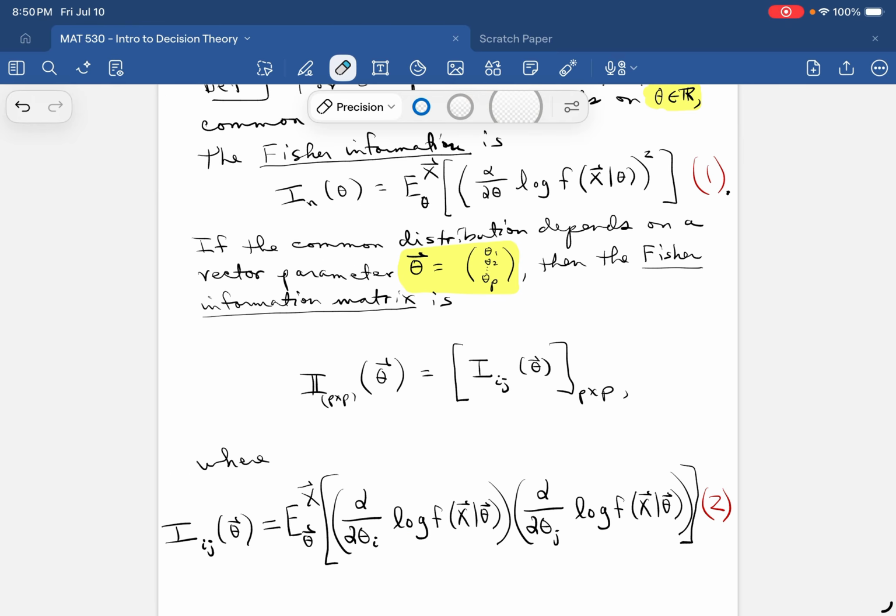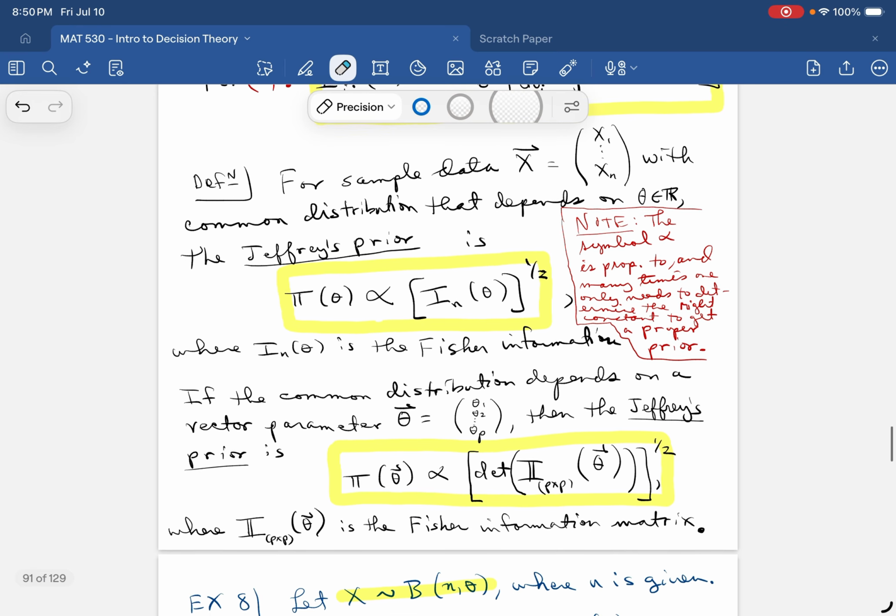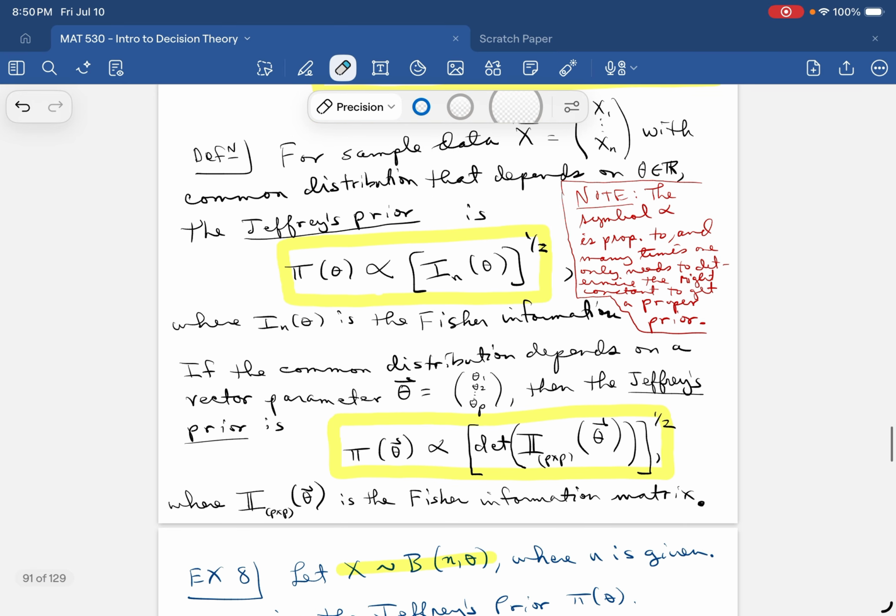And then from there, we'll use the formula for the Jeffreys prior in the case where we have a parameter that's a vector. And so we'll calculate the determinant of the Fisher information matrix and then raise that to the 1/2 power. So let's see how that works.